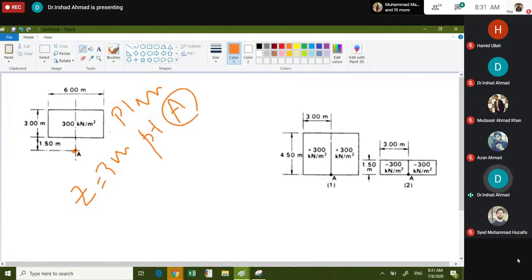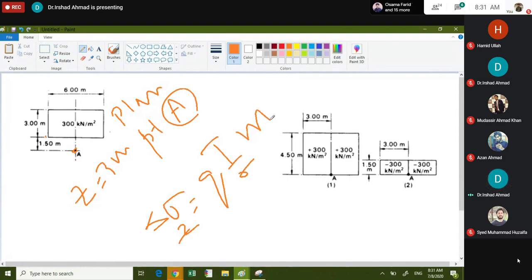But the equation that I told you, delta sigma z equals q times I sigma, with m and n, is applicable to the corners. So what we would do, we would find the stress for this area. You find the stress due to this rectangle and use m is equal to 2.